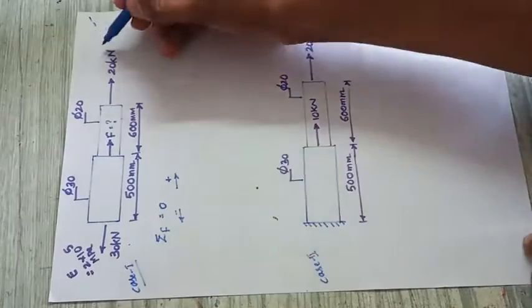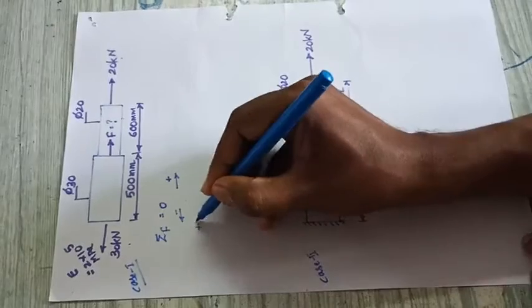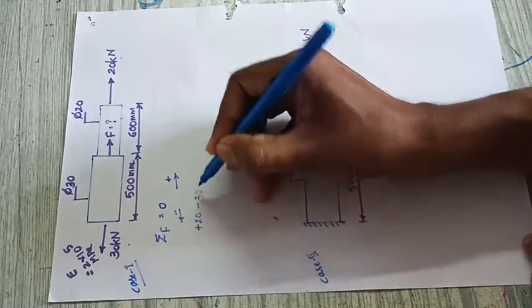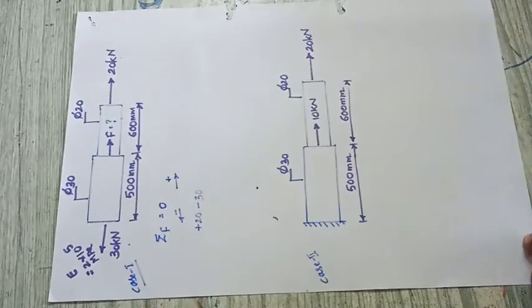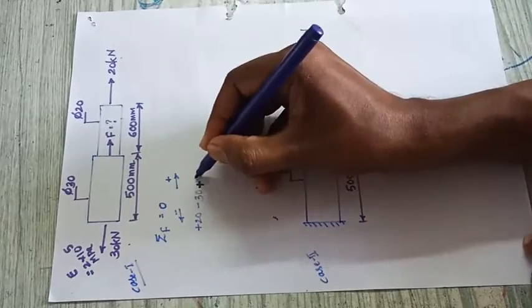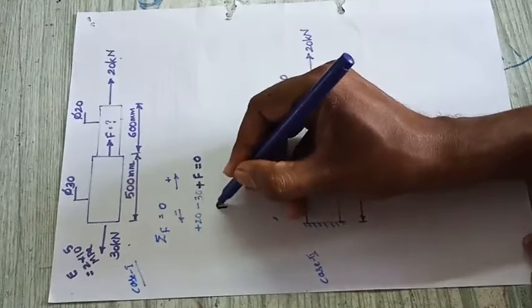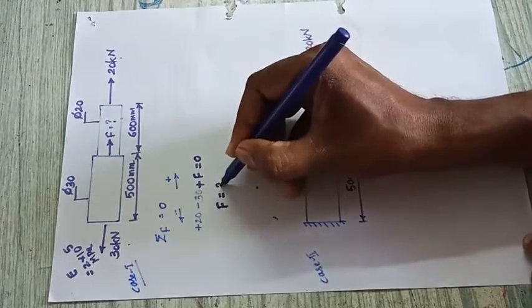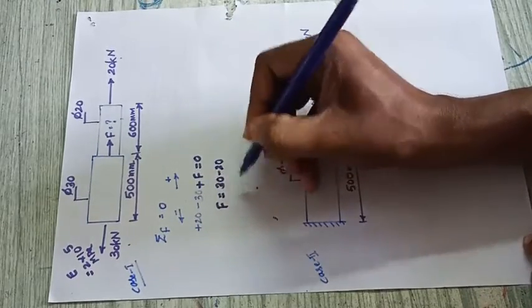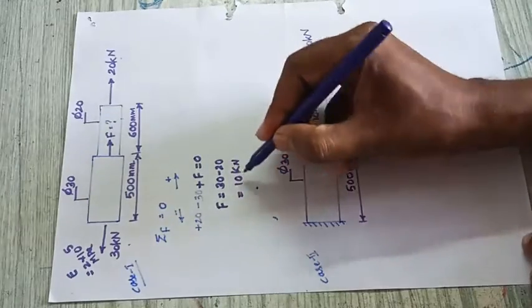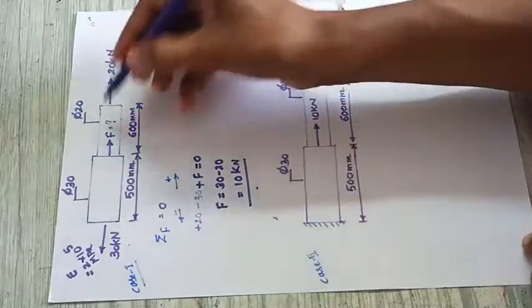So this is plus 20, then minus 30, so direction is given here, minus 30, and then plus F is equal to 0. Therefore F is equal to 30 minus 20, which is 10 kilonewton. This is the way we find the unknown force.